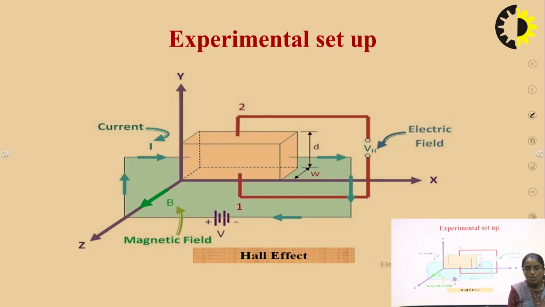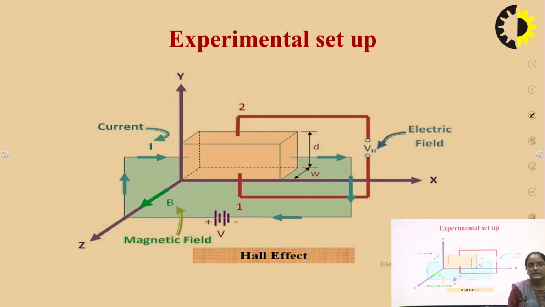the holes, or we can say the majority charge carriers, accumulate at one side of the semiconductor bar. Due to this accumulation of majority charge carriers, we are able to determine the type: if holes are accumulated, then we name it a p-type semiconductor.